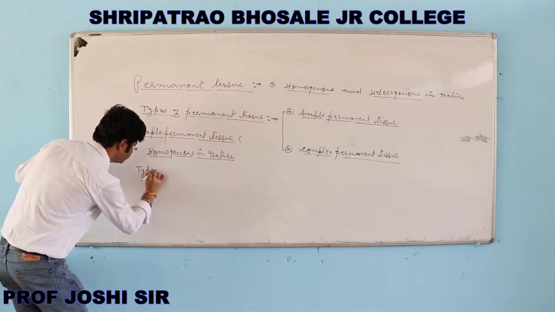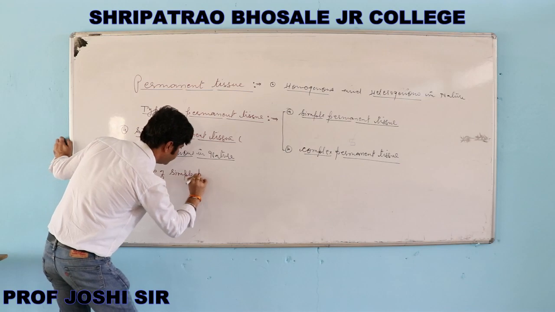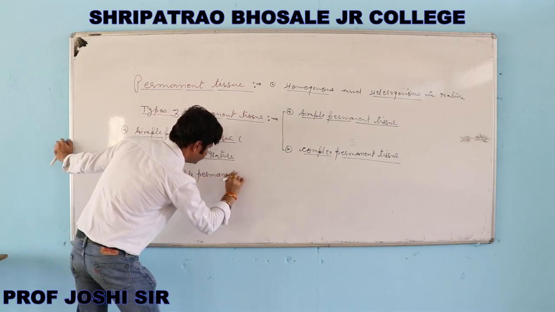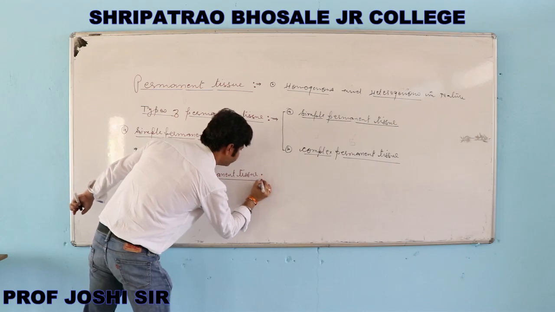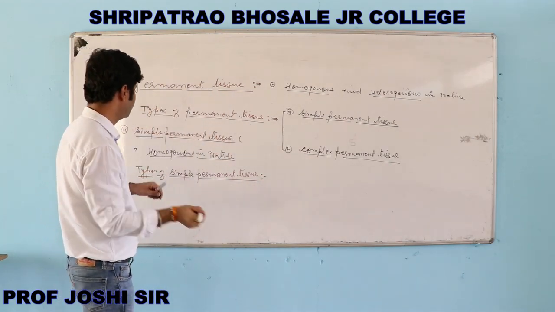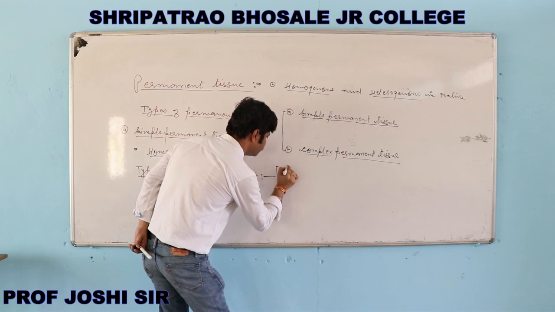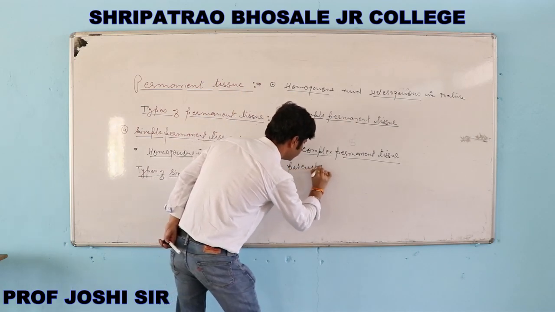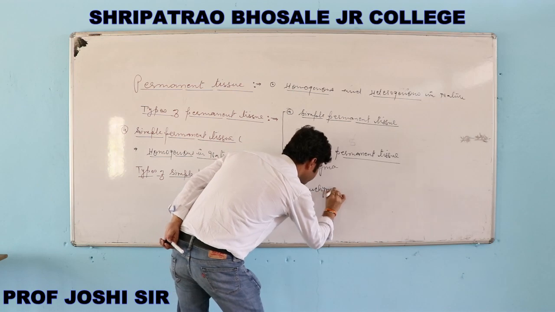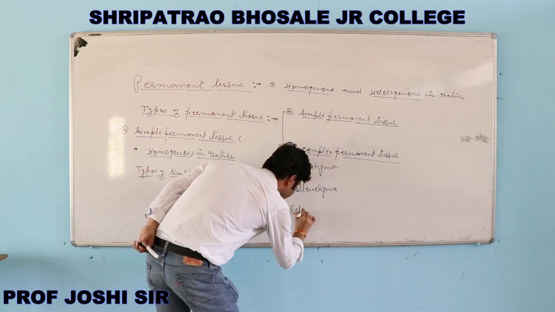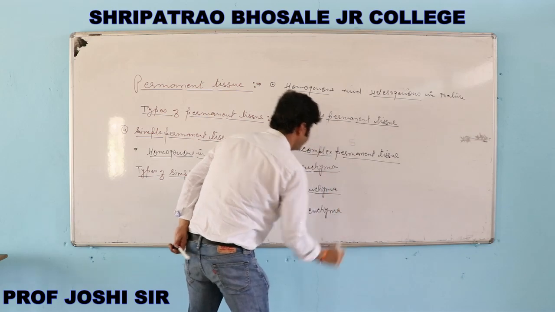Types of simple permanent tissue. Basically, simple permanent tissues are of the following three types: parenchyma, collenchyma, and sclerenchyma.